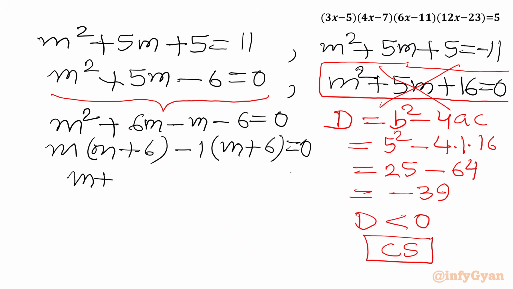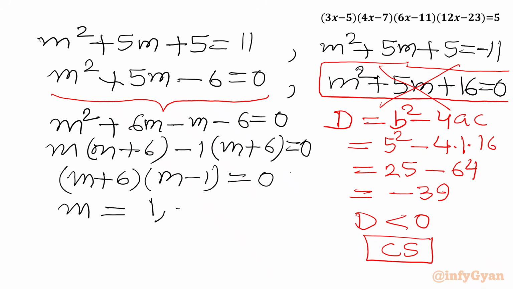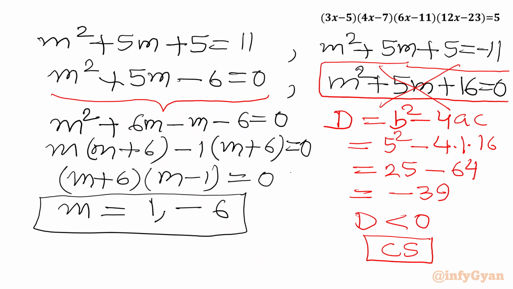After taking m plus 6 overall common, we'll get m minus 1 in the second bracket, which will be equal to 0. Using the product 0 rule, we are going to get m equal to 1 and m equal to minus 6.